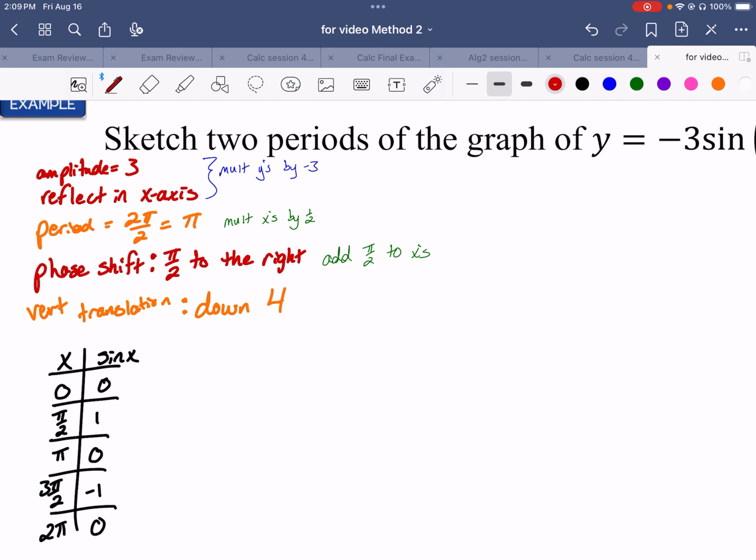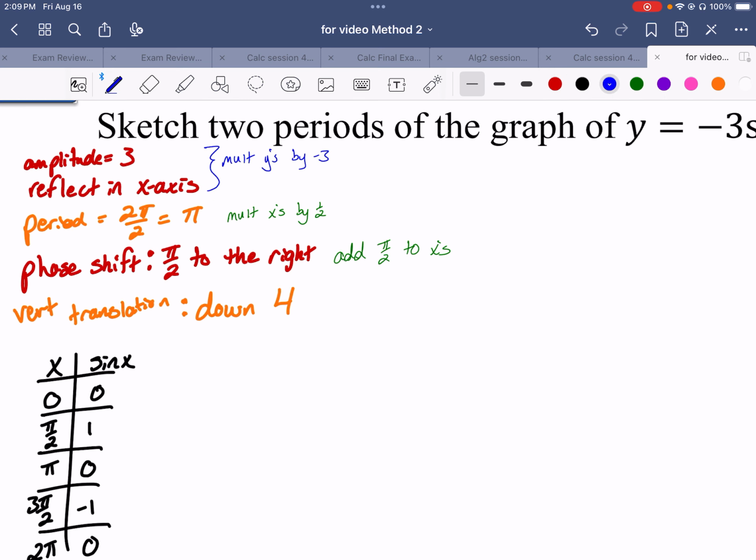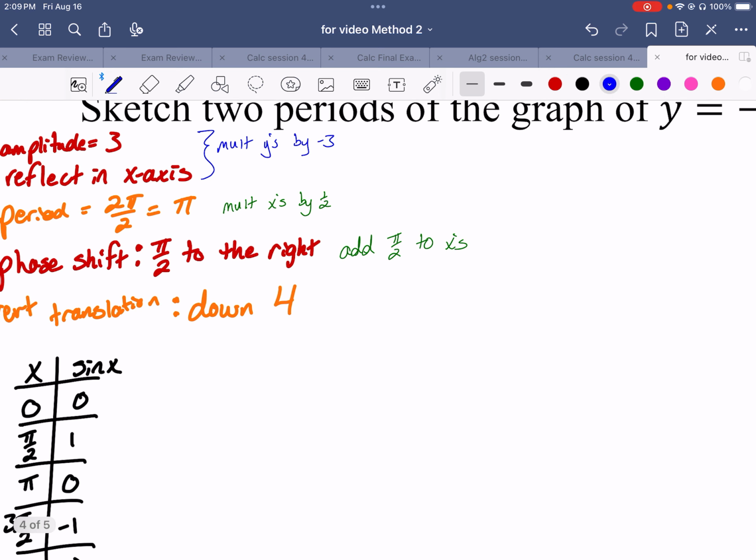There we go. So again, the vertical translation down 4, that means we're going to subtract 4 from the y's.